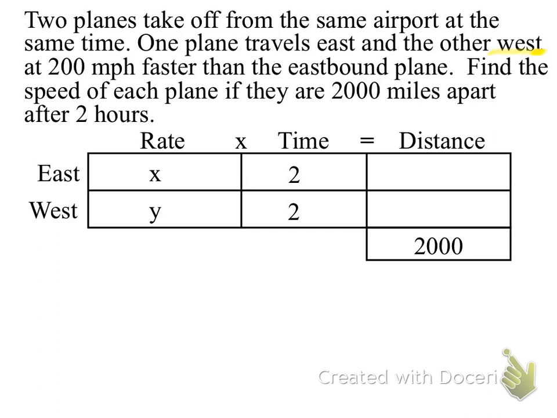West is 200 faster than east. Right? West is what? Y. West is the Y. Is equals 200 faster than X plus 200. And then we can multiply across 2X, 2Y. You guys with me? How I got that?